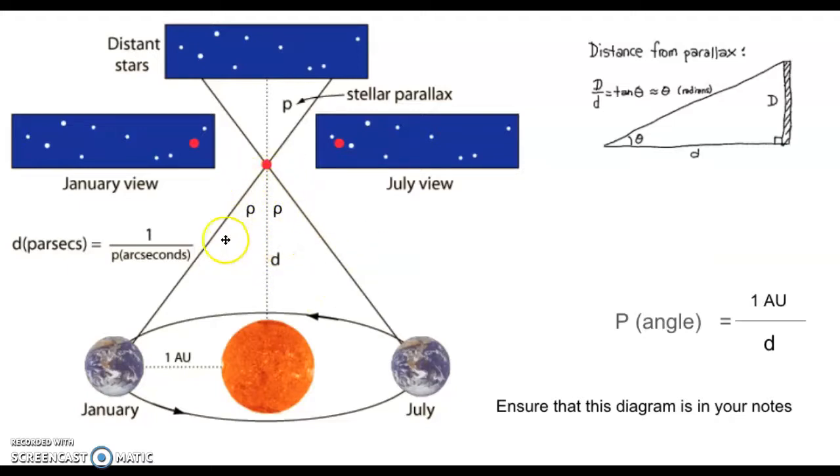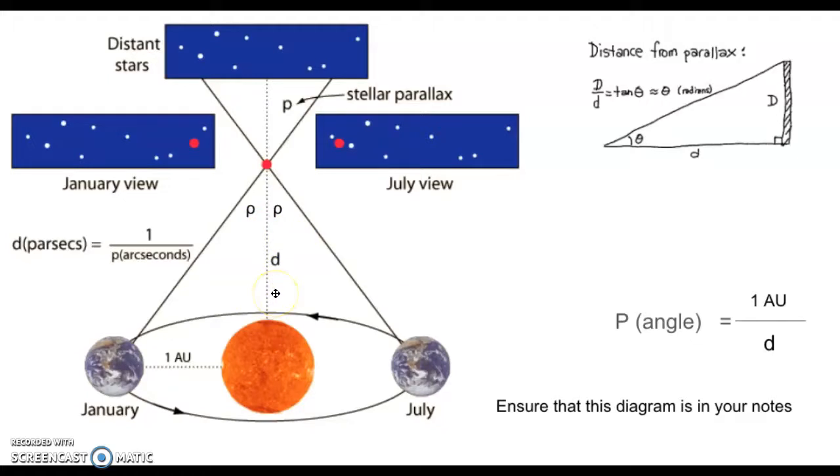Once you know that angle, what you can use is some really basic trigonometry. You know that the tangent of the angle, that angle, right, is going to be equal to d over this distance, which is between the Earth and the Sun. What is this distance? Well, we've already defined that as 1 astronomical unit, 1 AU. So we know this distance. Once you know that small d, this distance here, divided by this distance, is going to be equal to tan of this angle, which you have, right, then you can easily calculate d.